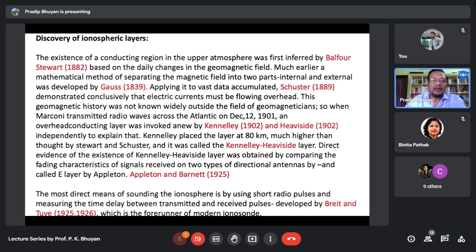Okay, so let me go to the next slide, because it has started in 1925-26. This period actually was from 1901, the beginning of this 20th century. There were so many developments. Then came 1918-19, the First World War. War is always business, plus it also requires communication.